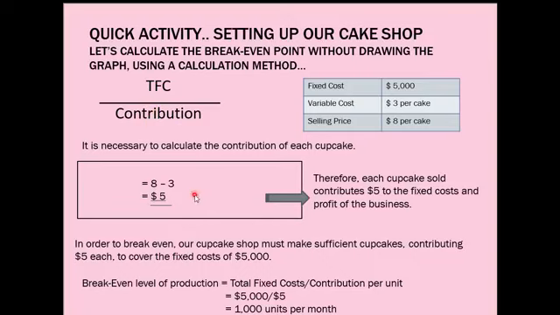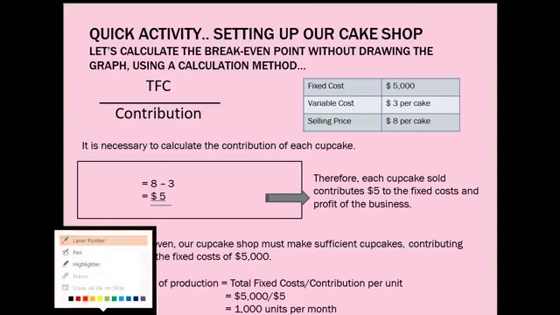Your contribution is selling price minus variable cost. Selling price minus variable cost. Your selling price is 8, your variable cost is 3, and it gives you 5 as the total contribution.